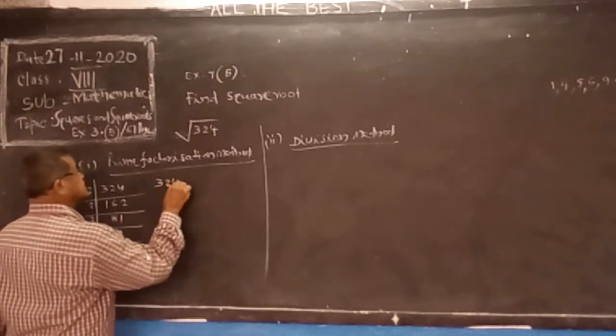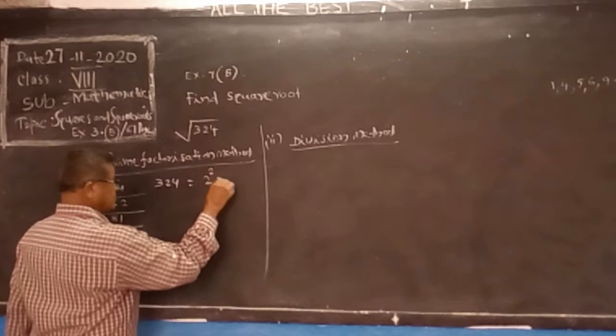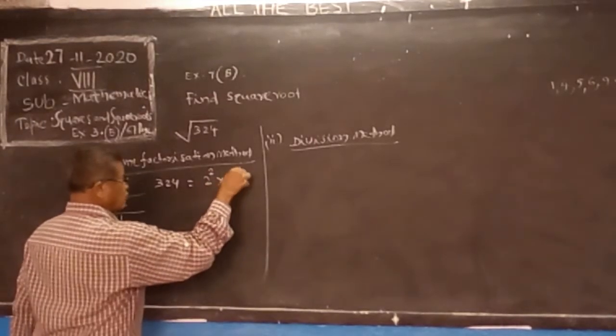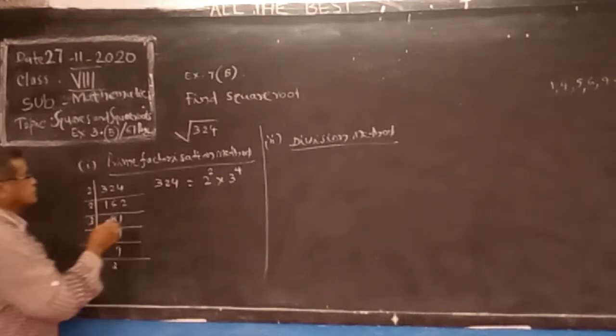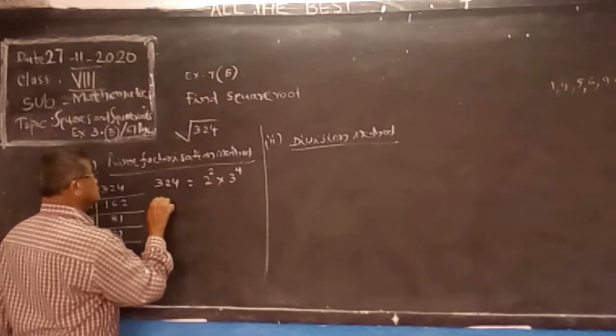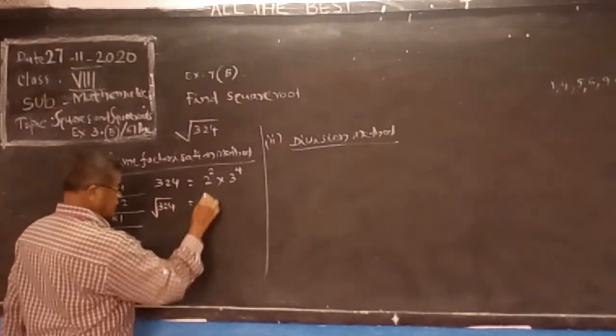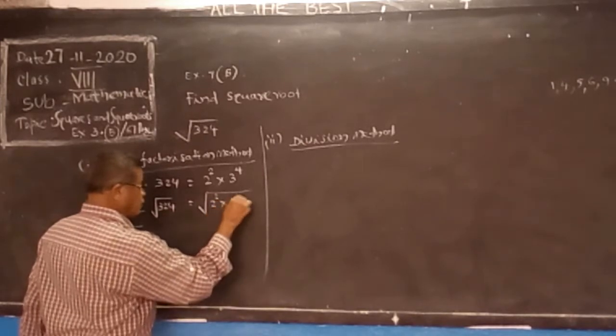324 can be written as 2 squared and 3 power 4. Now the square root of 324 is equal to the square root of 2 squared into 3 power 4.